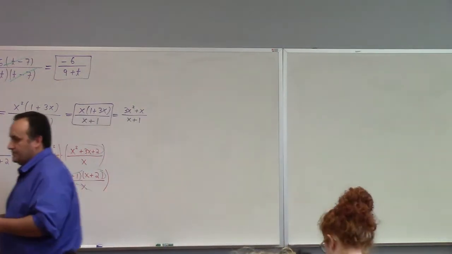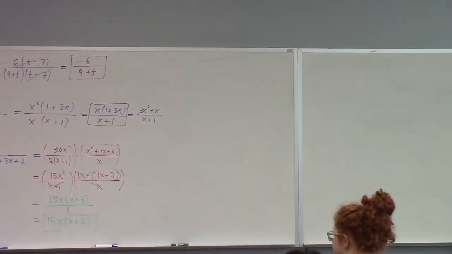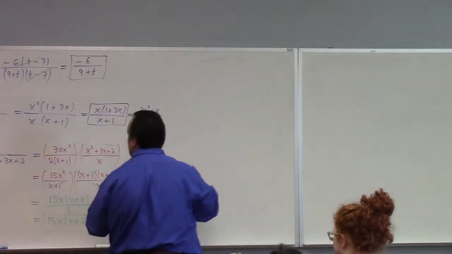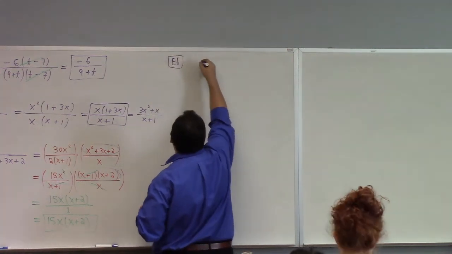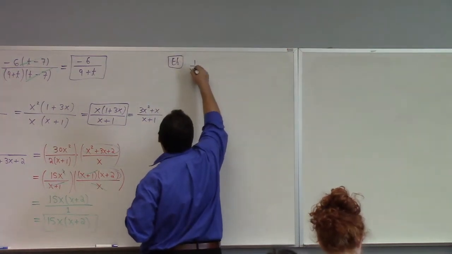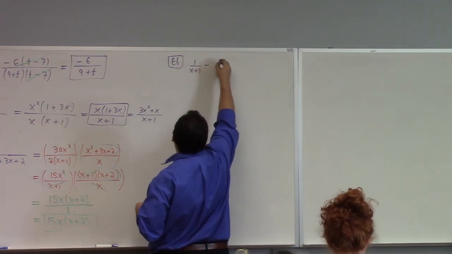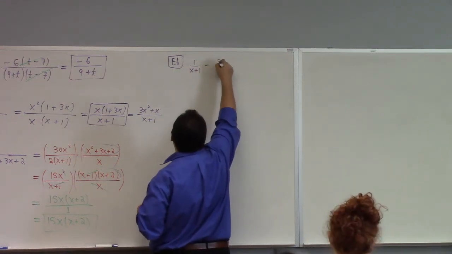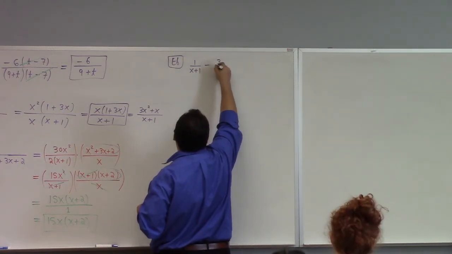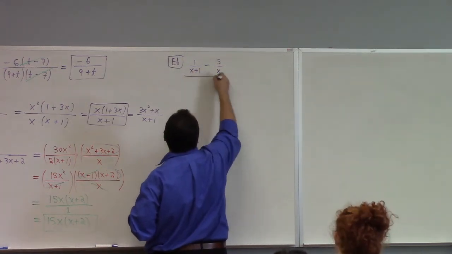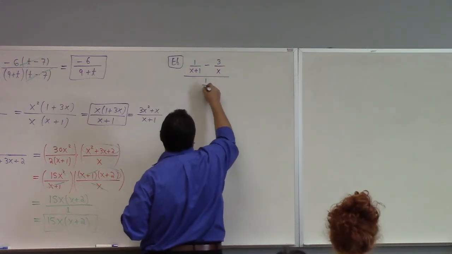Let's work another. Now, I personally detest this notation I just used here. This is not my happy notation. Let's try a different one. Suppose we have 1 over x plus 1 minus 3 over x, all divided by 1 over x.